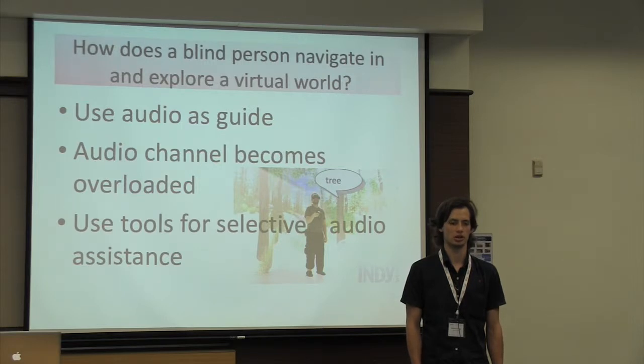And this is usually audio. Some authors have discussed using text, but if you use text, the blind person reads text by using speech synthesis. So therefore, it's basically audio as well.